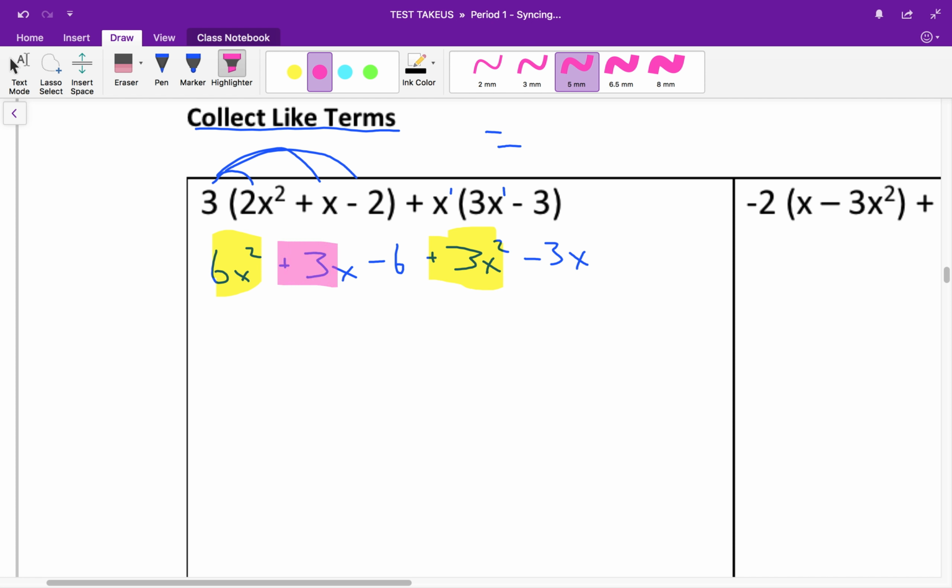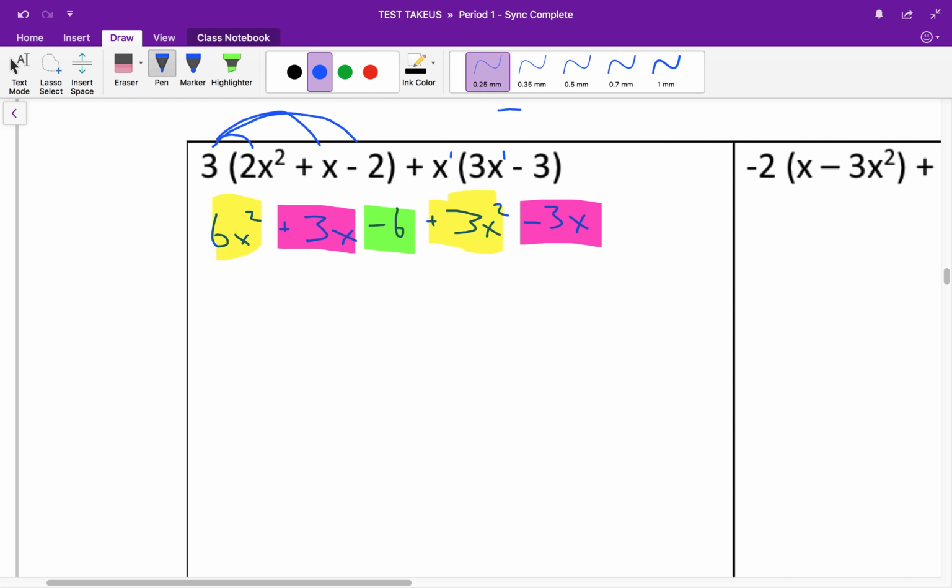We're going to highlight our x's, and then we're going to highlight our numbers. So that leaves me with 6 plus 3, which is 9x squared. And we're not adding the exponents, because we're just adding the two things together. Positive 3 minus 3 is going to be 0, so we don't have to include it, and then minus 6. There we go.